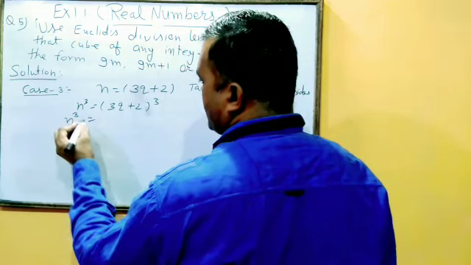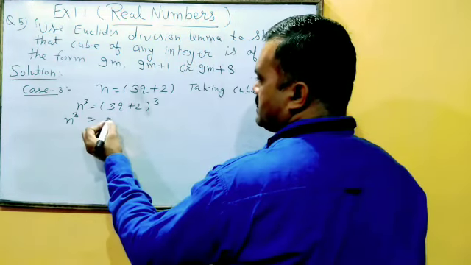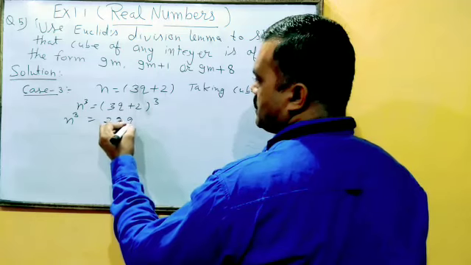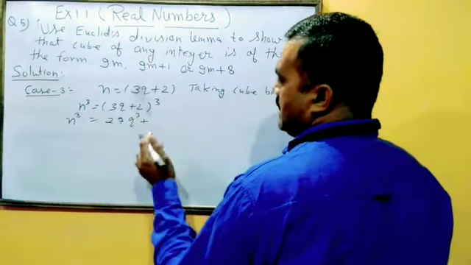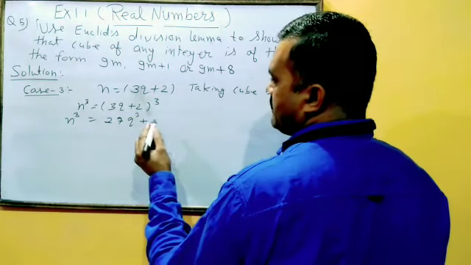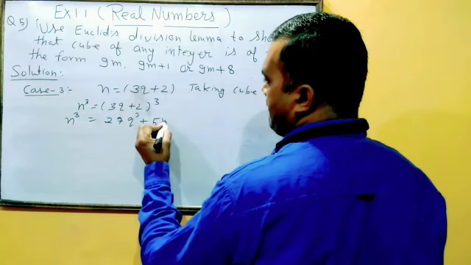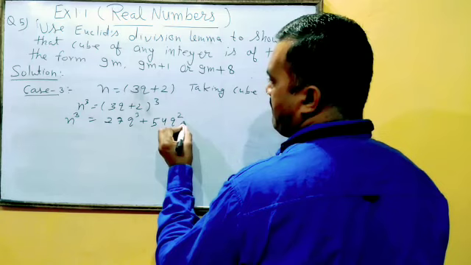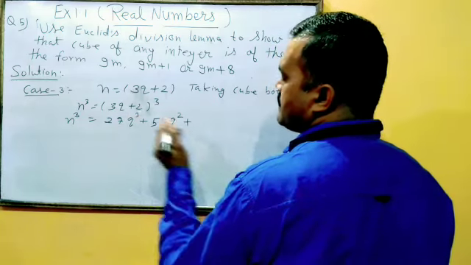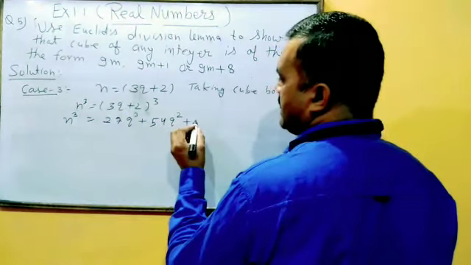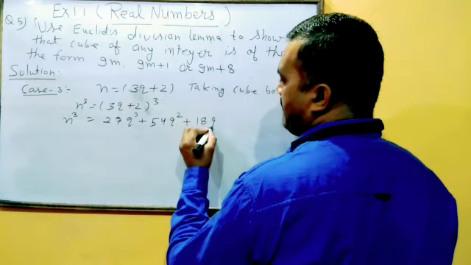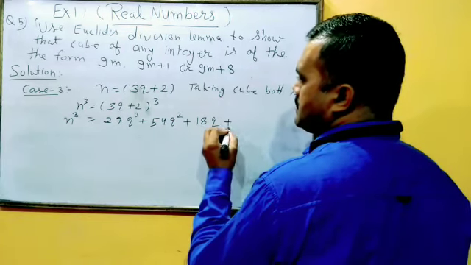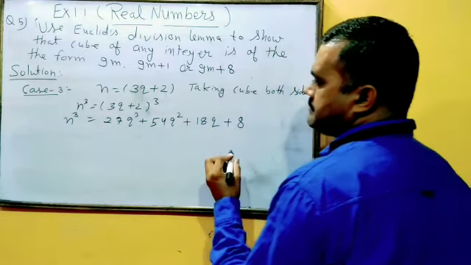Therefore I am going to do it directly. 3 3s are 9, 3 9s are 27 q cube plus 9, 3 2s are 6... 9q square times 6 is 54 q square plus 3 3s are 9, 2 is 18 q plus 2 cube is 8.